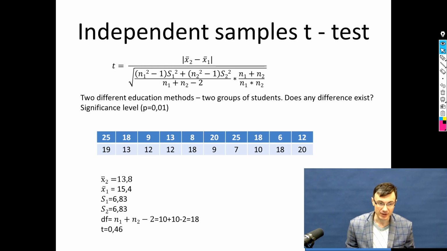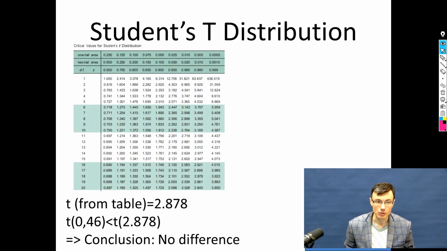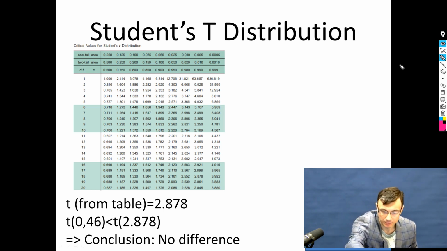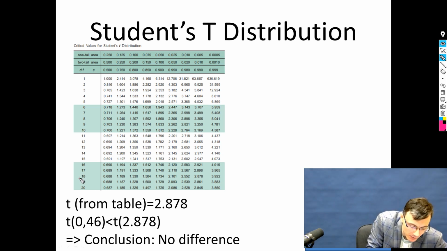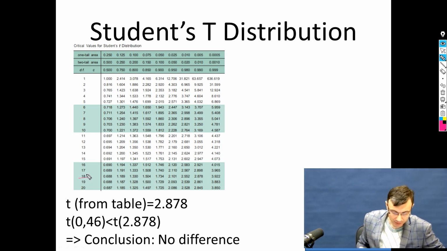Then our t is 0.46, as you see. Then we go to the Student's distribution table and take our parameter. The degrees of freedom is 18.